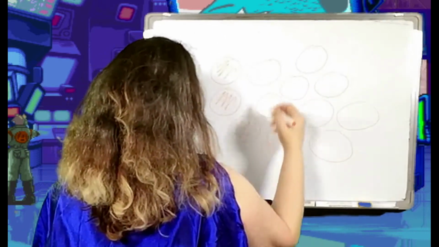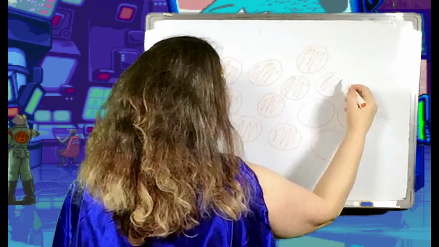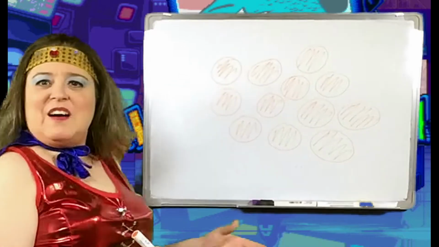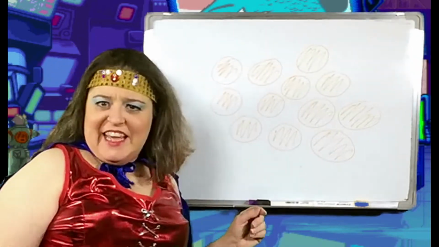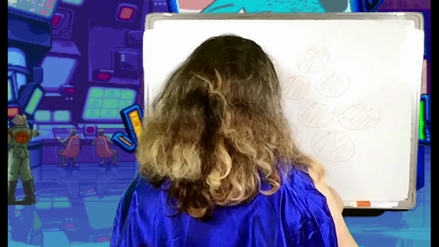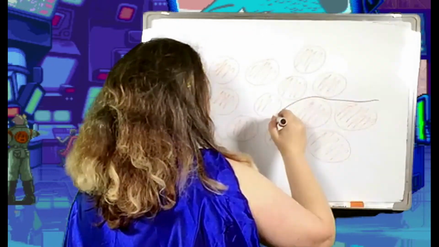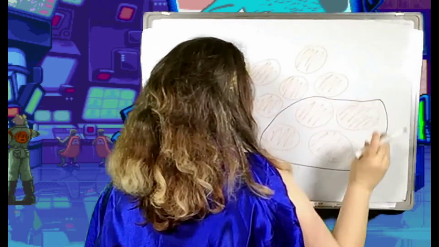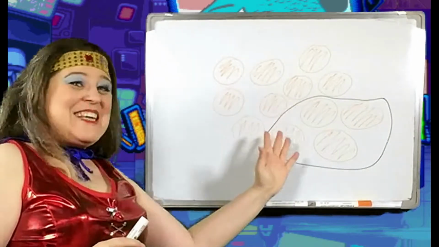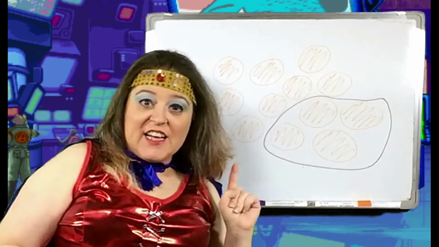So, I have drawn 12 oranges. There we are. I know they don't look tremendously orangey, but there are 12 oranges. So, I am going to circle 4 of these oranges. So, what fraction of oranges have I circled?